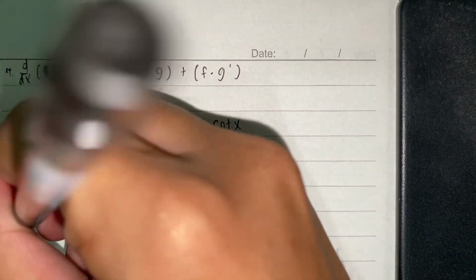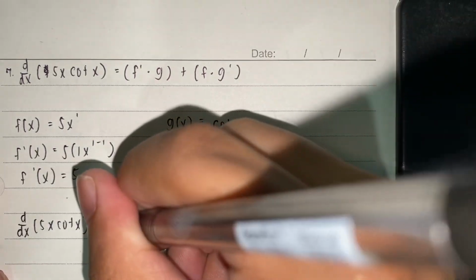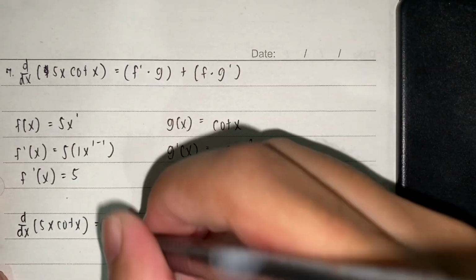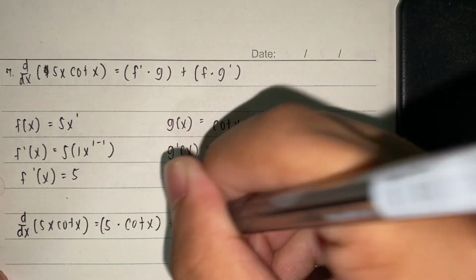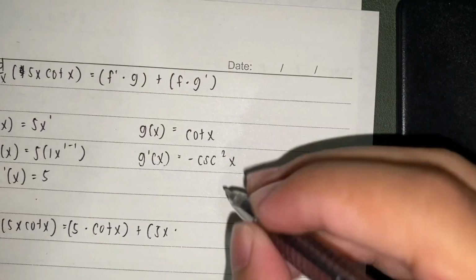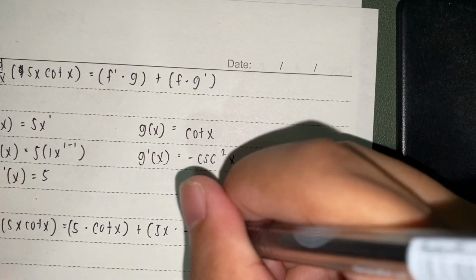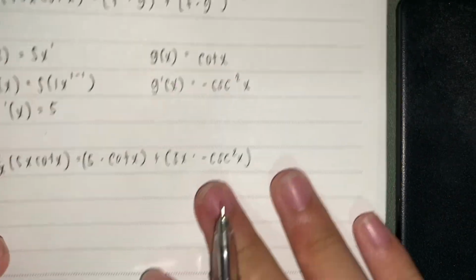So first copy the equation, the derivative of 5x cotangent x is equal to f prime, which is 5, times g, which is cotangent x, plus f, which is 5x, times g prime, which is negative cosecant squared x. So now we're going to perform the operations.